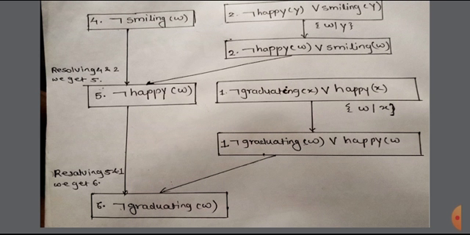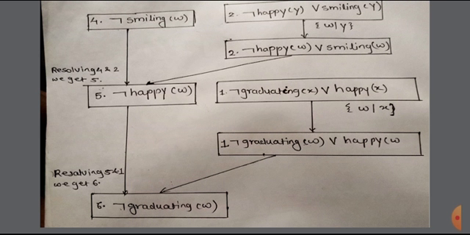Now we start searching for the clause which will be the complement of negation of graduating of W, because we have to resolve clause number 6 again.